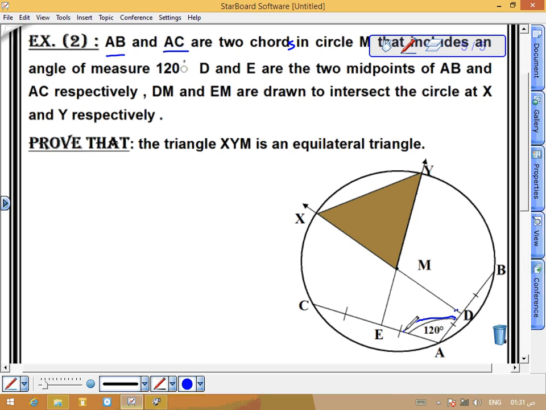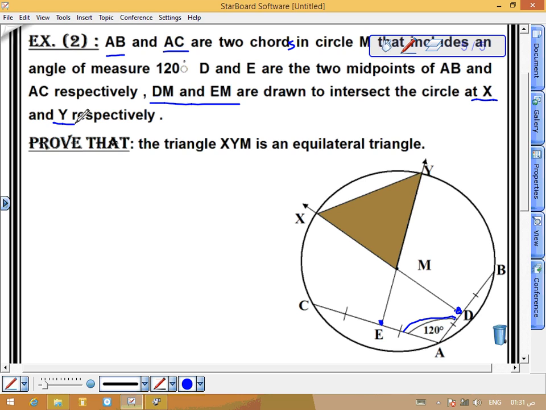D and E are the two midpoints of the two chords AB and AC respectively. DM and EM are drawn to intersect the circle at X and Y respectively.